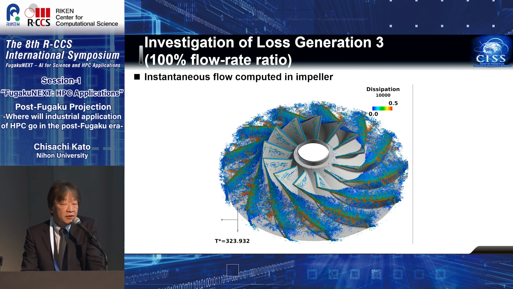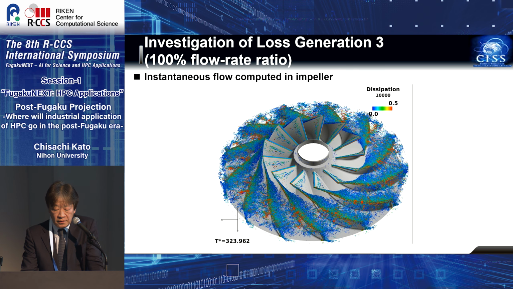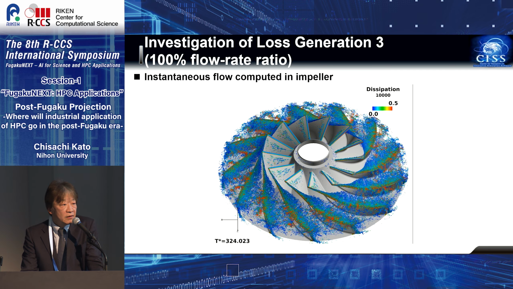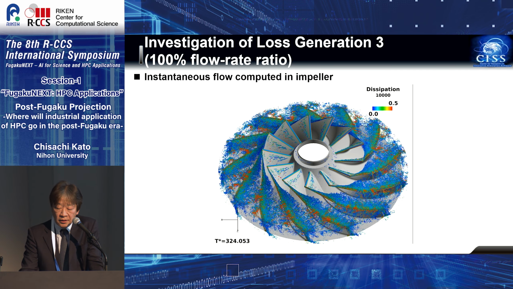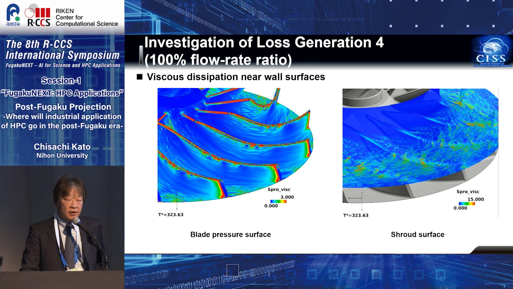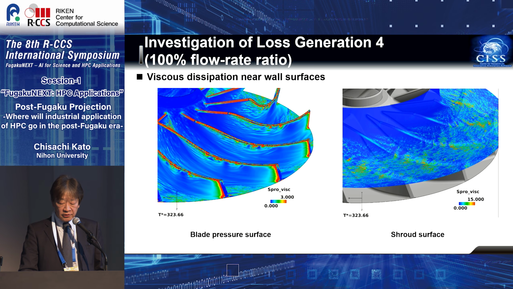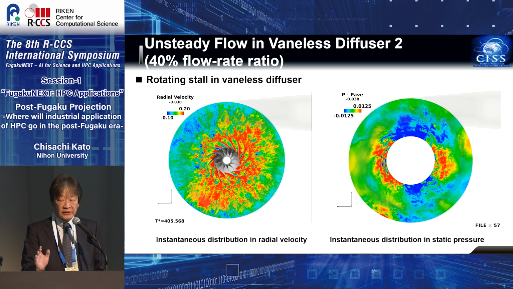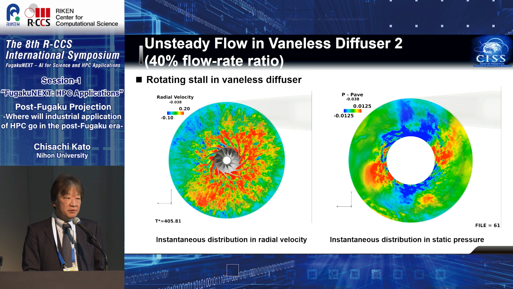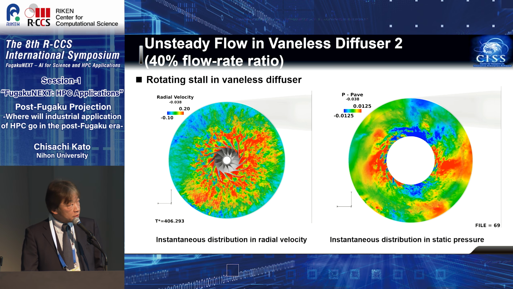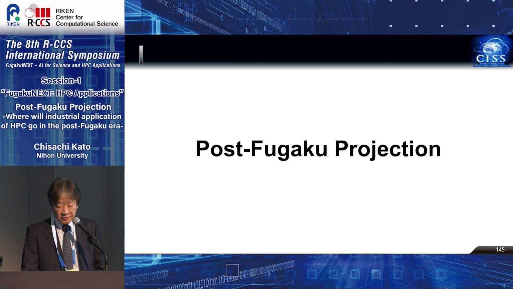You could never do that before Fugaku appeared. Okay. We have identified the main cause of the loss, and also the unstable phenomenon, which we call rotating stall, has also been well predicted by the simulation. Okay.